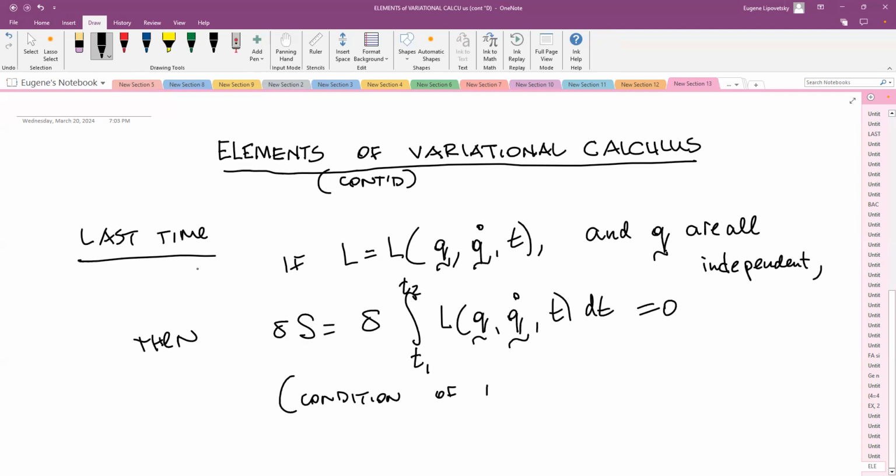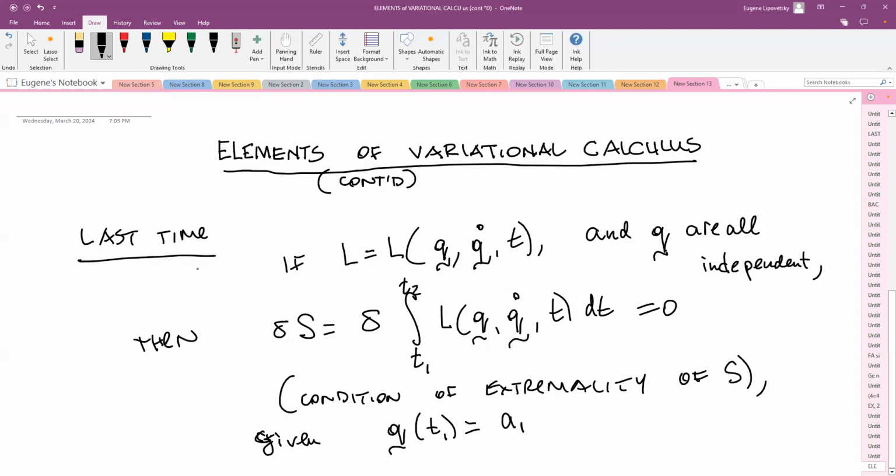of extremality of S, meaning either minimum or maximum, given that Q of T1 equals to, let's call it A1, and Q of T2 equals to A2.